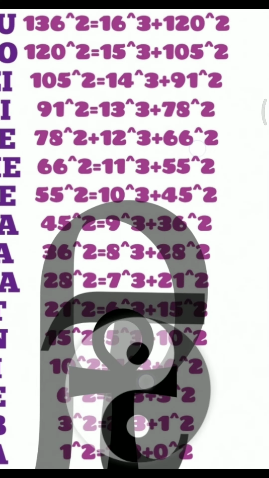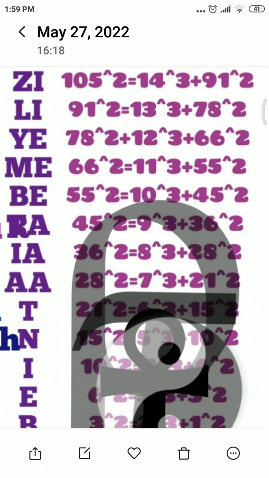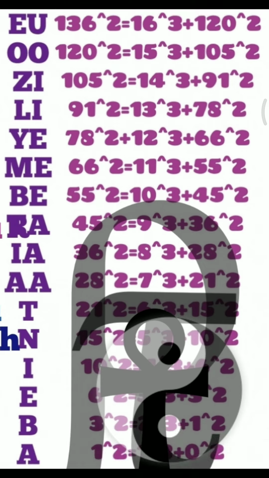Here, if you take the 10 cube, it is 55 squared is 10 cube plus 45 squared.